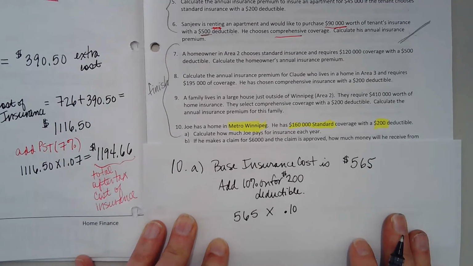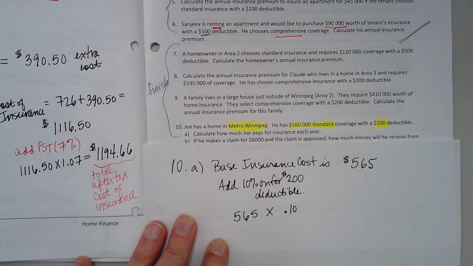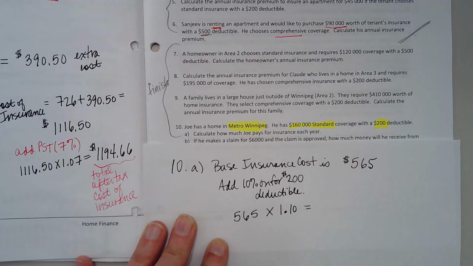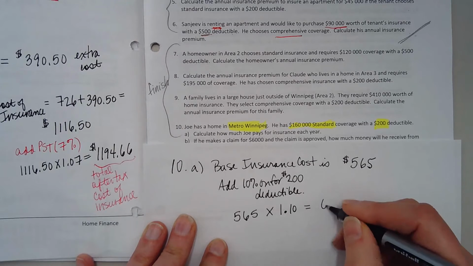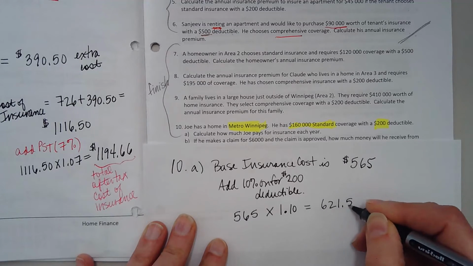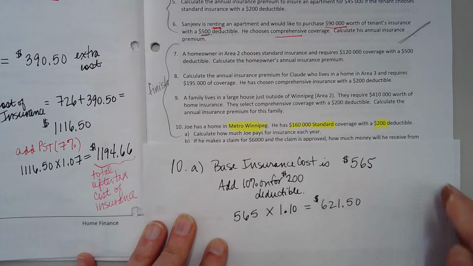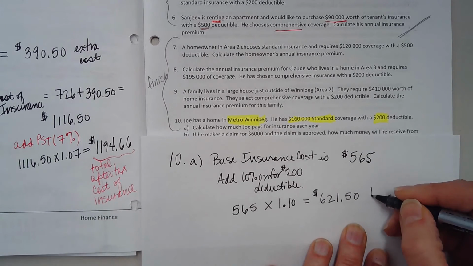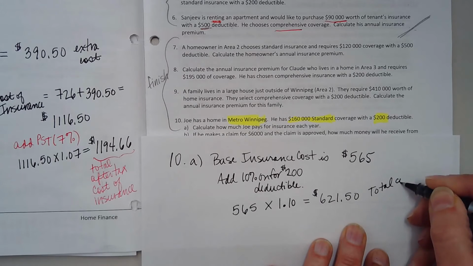But the quick way I do it in class so that it subtotals it for me at the same time, I multiply it by 1.10, and I can do that all in one step. I got 621.50. This is the total cost of the insurance.